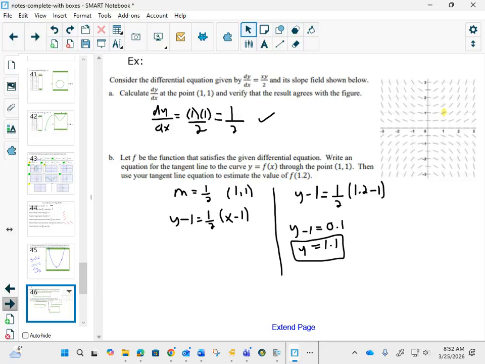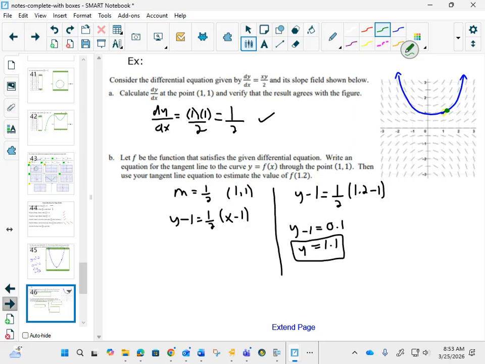Now, if I had that as my graph, this is saying that at 1.2, that green dot right there, does it look like it's at about 1.1?